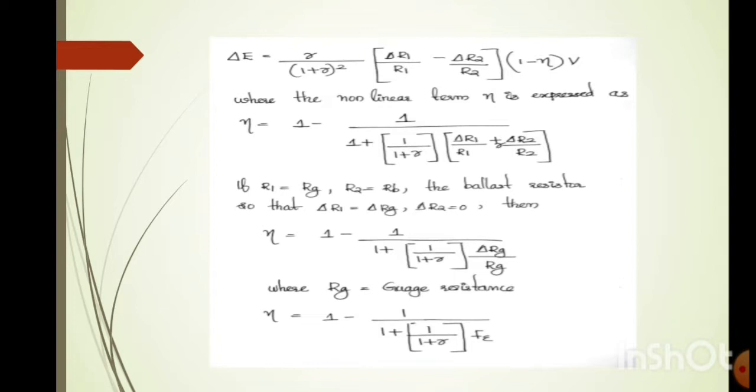Eta is equal to 1 minus 1 by 1 plus 1 by 1 plus R into delta R1 by R1 plus R into delta R2 by R2.